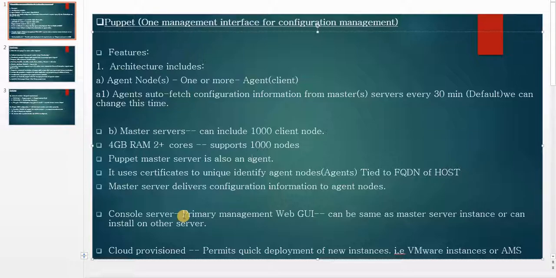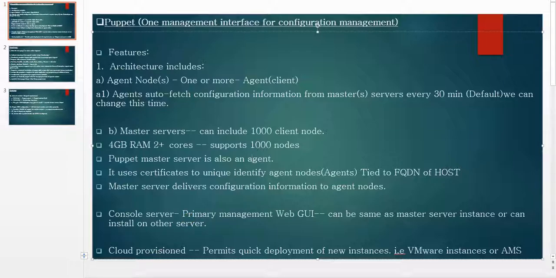This can be installed on your Puppet master node, and if you would like to install it on an additional or different node, just to have this interface service running on its own, and you want to manage it as an individual GUI node, then you can do that. So these are the features which we have.